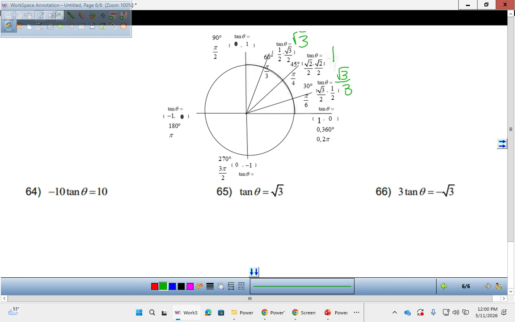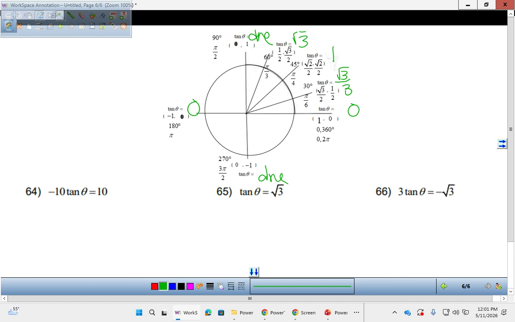Here, the tangents are both 0. They are the same on the opposite side. And here, the tangent does not exist and does not exist. So whether you choose to memorize the stuff I just wrote in green, or you'll take the coordinate point and do the y value divided by the x value and work it out to find the tangents.